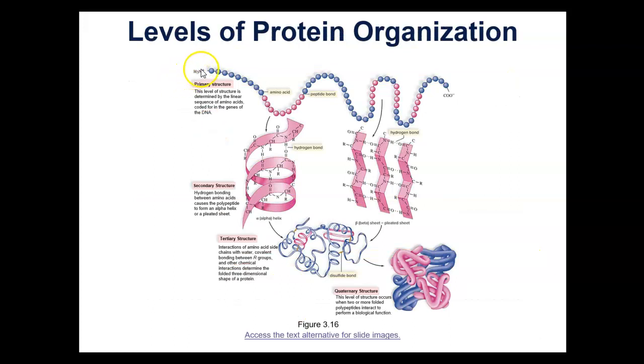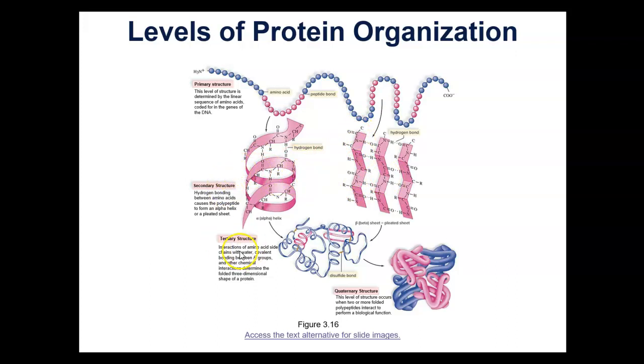So here you can see the primary structure is just like a string of pearls. It's just amino acids connected in a chain. So these blue and pink balls are amino acids. And then the secondary structure can either be an alpha helix or beta sheet, as you can see here in pink.